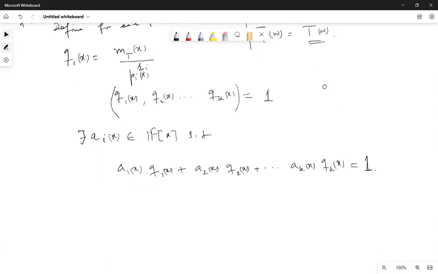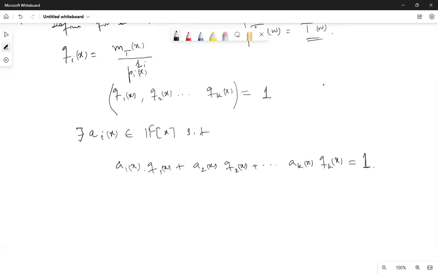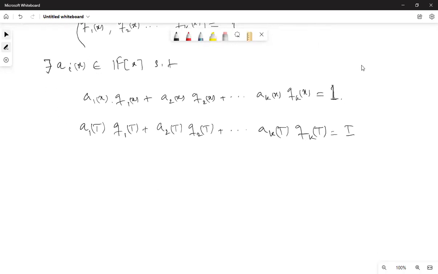All right. And that immediately provides me a1(T) q1(T) plus a2(T) q2(T) and so on ak(T) qk(T) as the identity operator. Right? If this is an identity operator, then for any vector v taken in V, when we apply the identity to it, that gives me v.